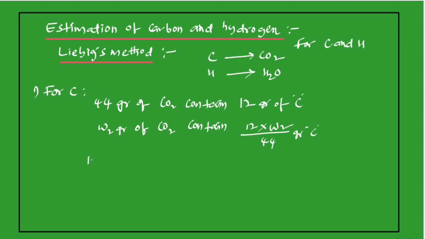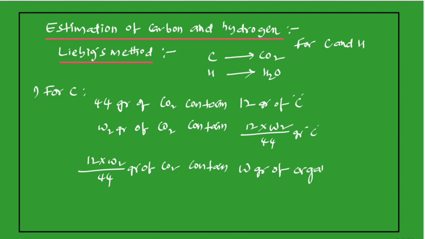Now, 12 into W2 upon 44 grams of carbon dioxide contain W gram of organic compound.